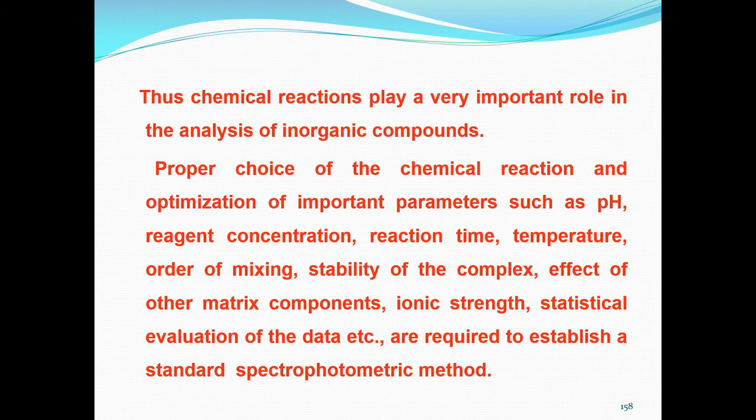What are the parameters? One is pH, another is reagent concentration, reaction time I have to optimize, temperature, order of mixing, stability of the complex, effect of other matrix components, ionic strength, and statistical evaluation of data are required to establish a standard spectrophotometric method.